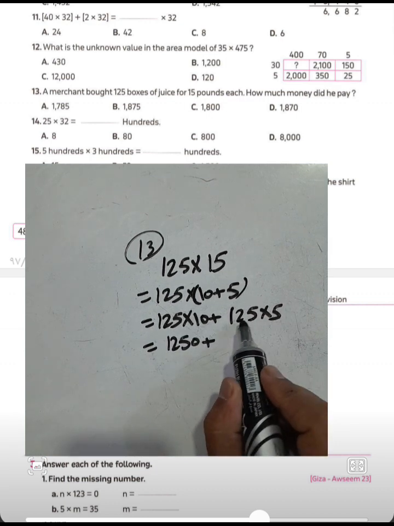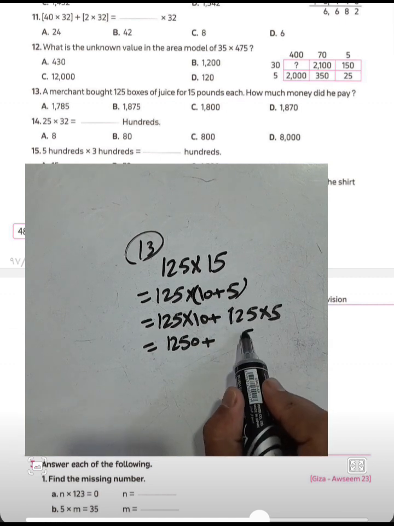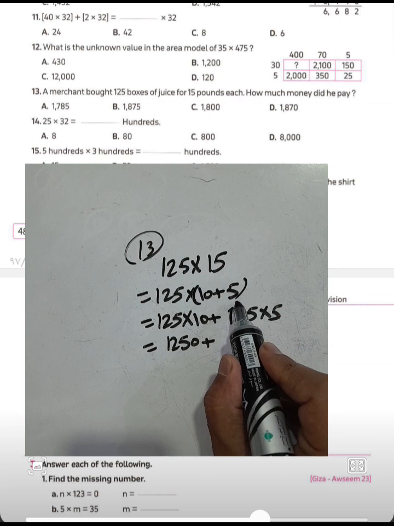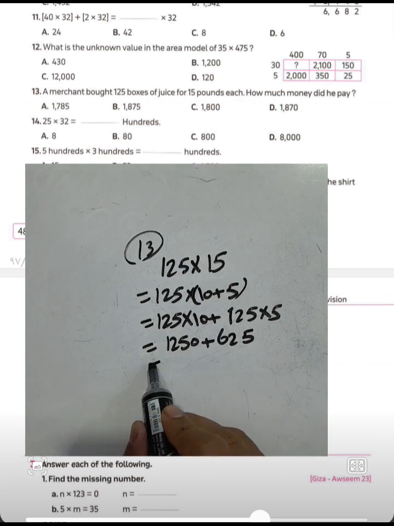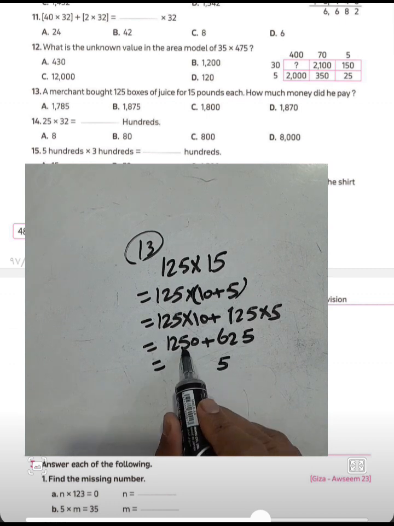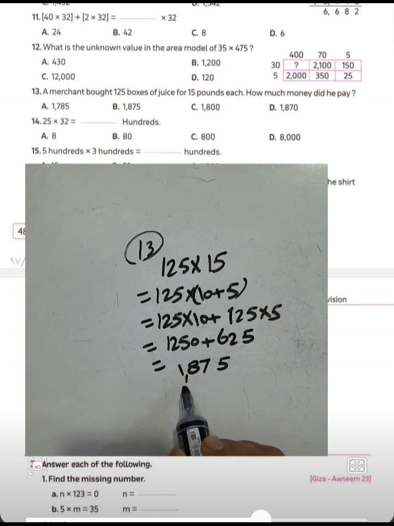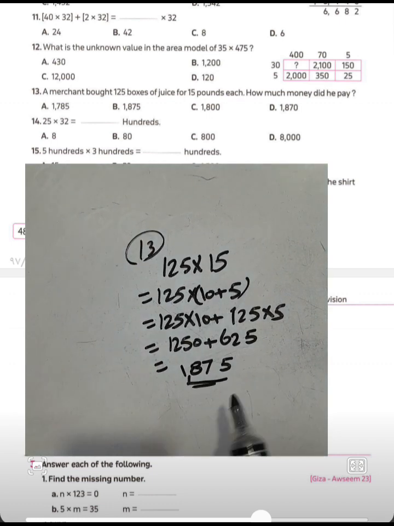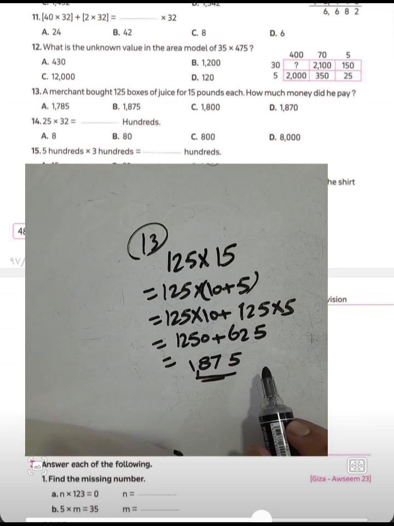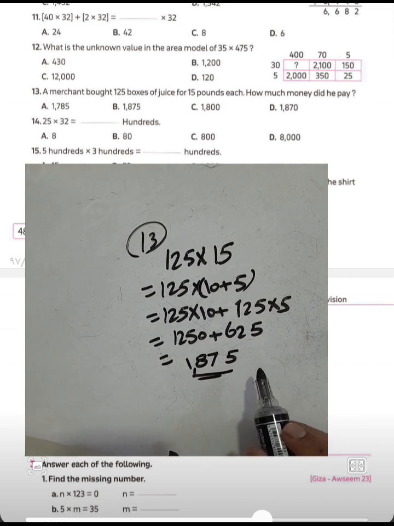And 125 times 5, 5 times 5 equals 25, write 5 and carry up 2. 2 times 5 equals 10, 10 plus 2 equals 12, 2 and carry up 1, 1 plus 5 equals 6. And 5 plus 0 equals 5, 2 plus 5 equals 7, and 6 plus 2 equals 8, and then write 1. The result will be 1,875. Question 14.